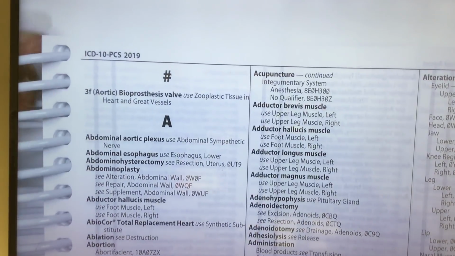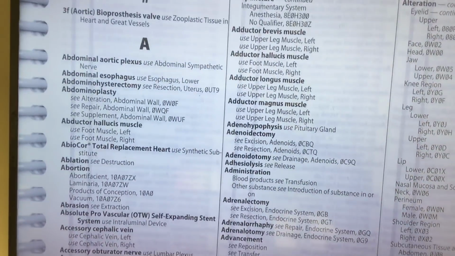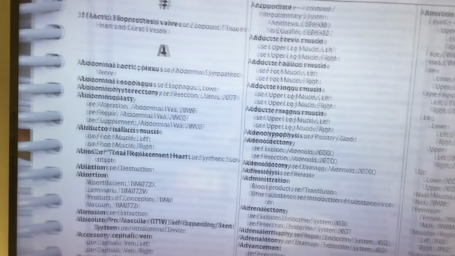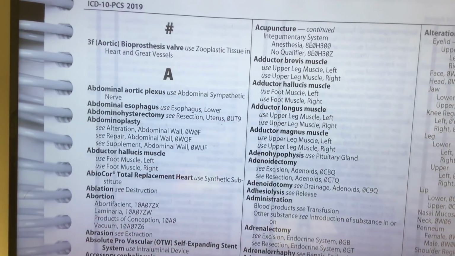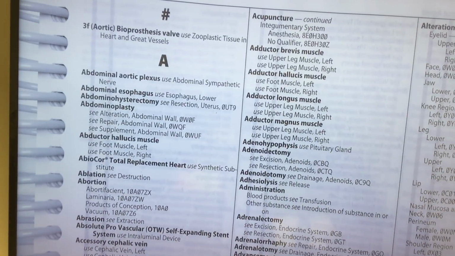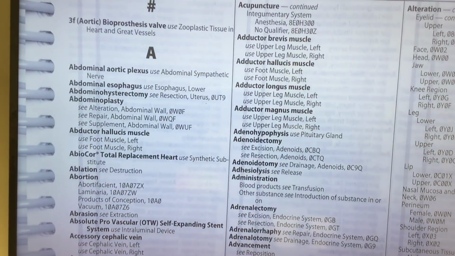After that, you have your ICD-10-PCS index. And this looks like a dictionary because it's in alphabetical order. And for you guys as new coders, when I'm training you, I'm always going to start with the index because I don't want to guide you in a way that's going to be confusing.